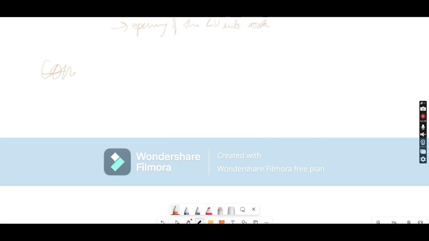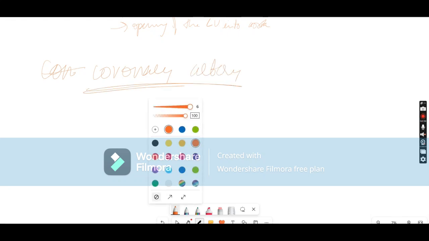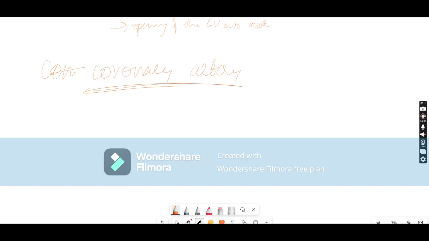Now these coronary arteries supply blood to the heart itself, because the heart also needs blood for energy, right? Blood for oxygen so that it can also work.